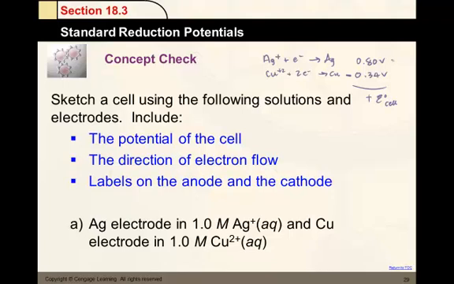Otherwise, if we made this one negative, then the E cell would be negative, which is impossible for spontaneous reactions. All of these reactions in galvanic cells are spontaneous. So therefore, this one is the anode, and this is the cathode.